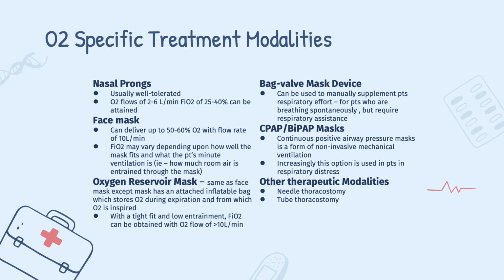That BiPAP is going to push the fluid out of the alveoli and really open up that airway. Other modalities, think about needle decompression and chest tubes for our pneumo patient.